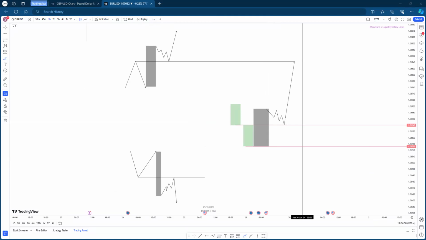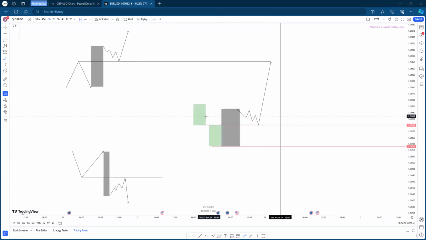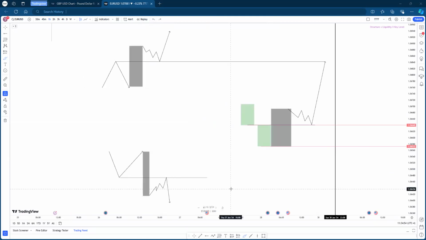Okay, good. So that is one of those things you need to understand about key levels, right? We have three types of key levels: the A shape, the V shape, and the open close, right?